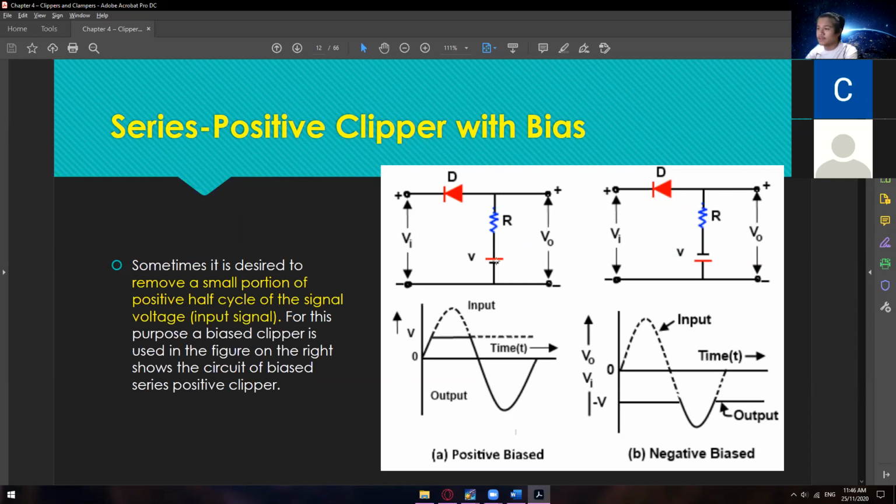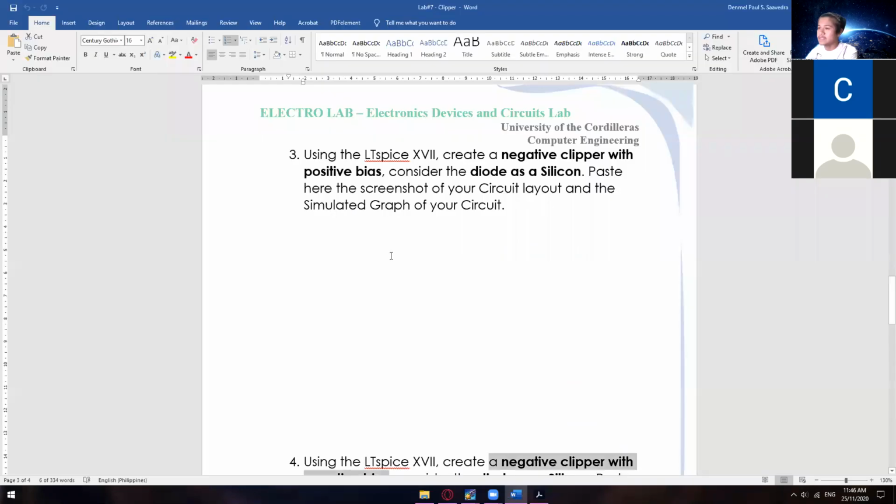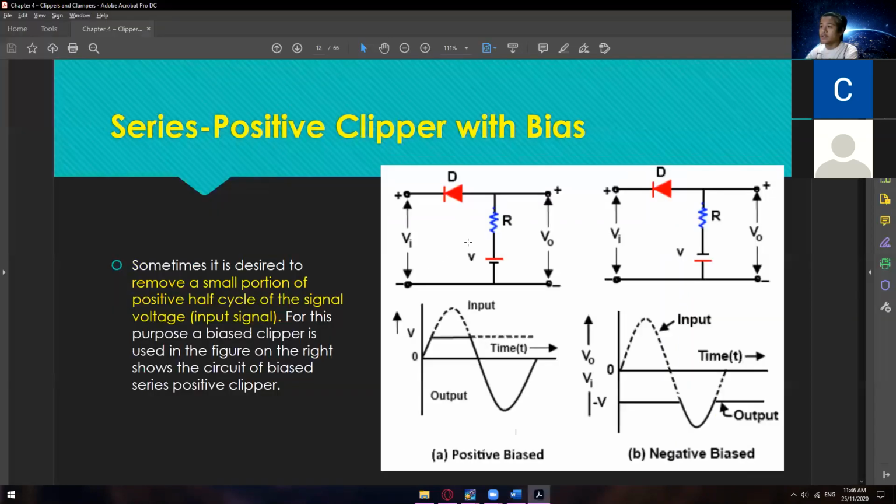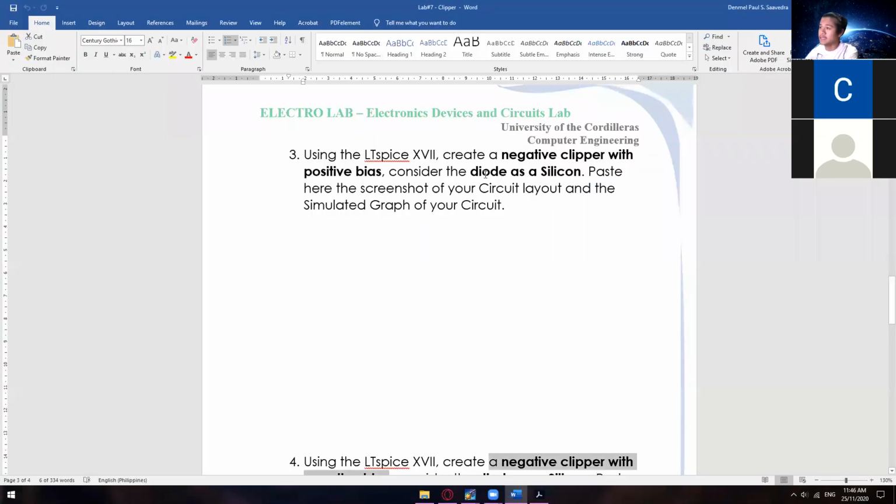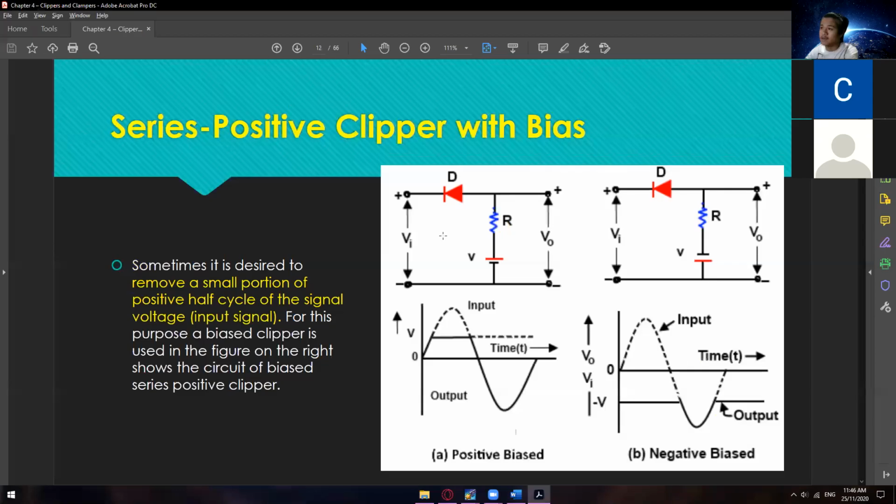So now you already have the idea on how to create this and how to put this on LTspice. Now it is up to you what voltage input you're going to put. That's your task now, to experiment with your voltage input. Of course, you're going to use a silicon diode, because I indicate here that you're going to use a silicon diode.